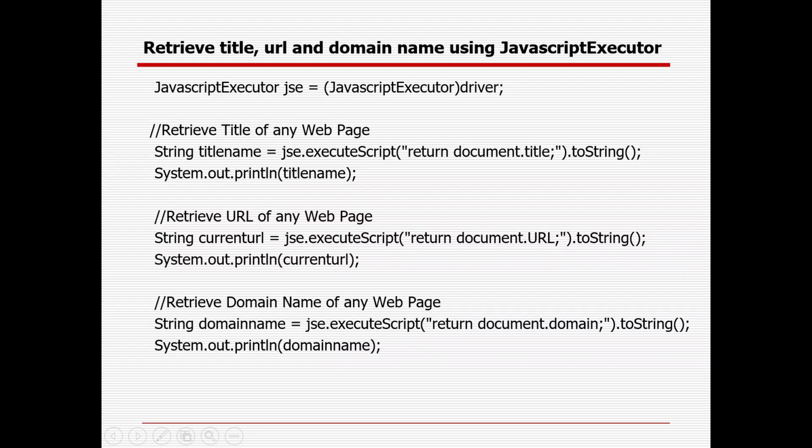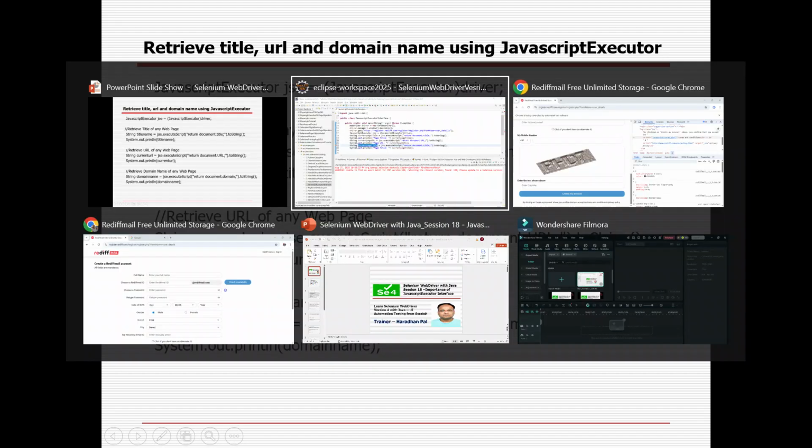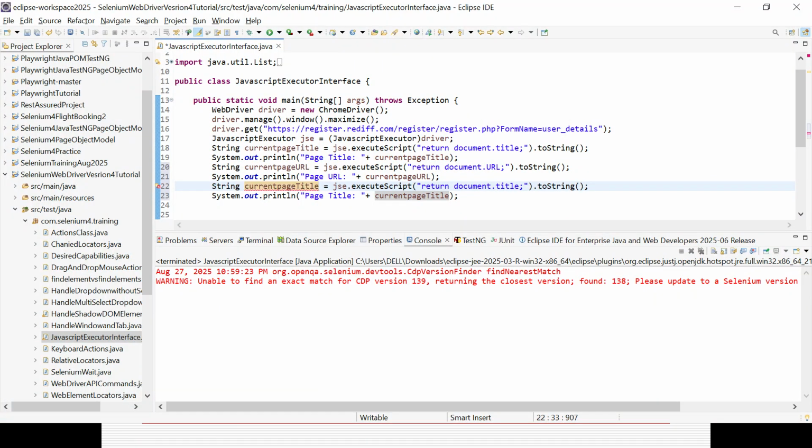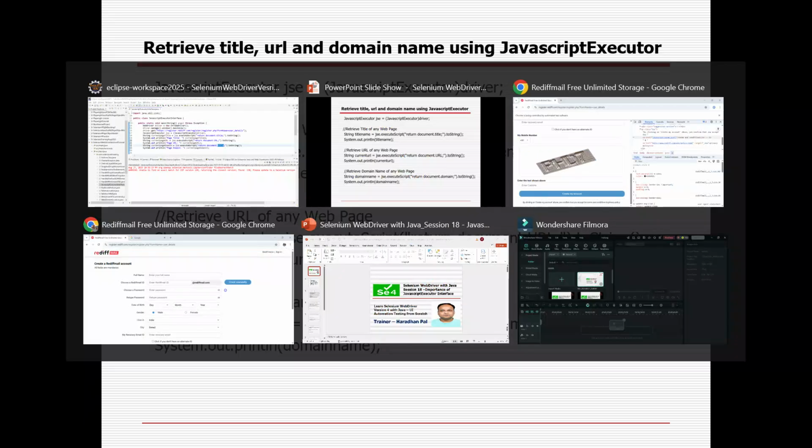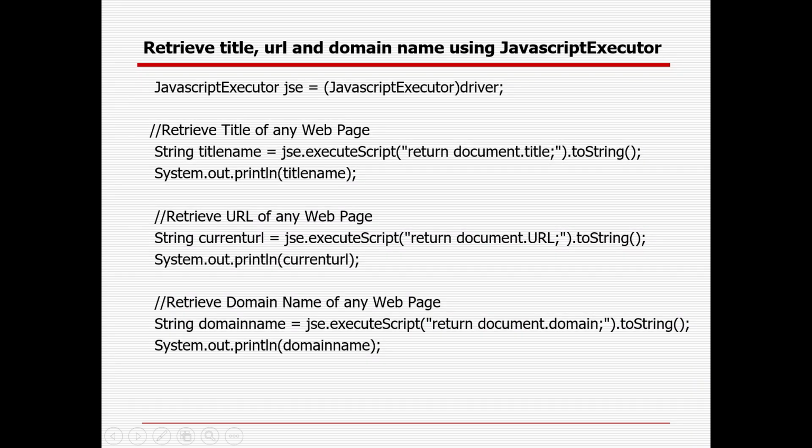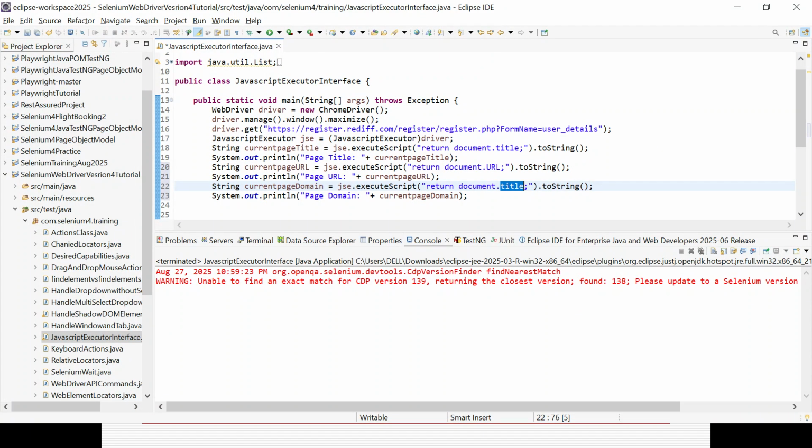And then the last one, we can get something called domain. Here we can give current page domain. Let's change the variable, and I can change it here to page domain, and here you need to change it to return document.domain, otherwise the rest of the stuff will be still the same.